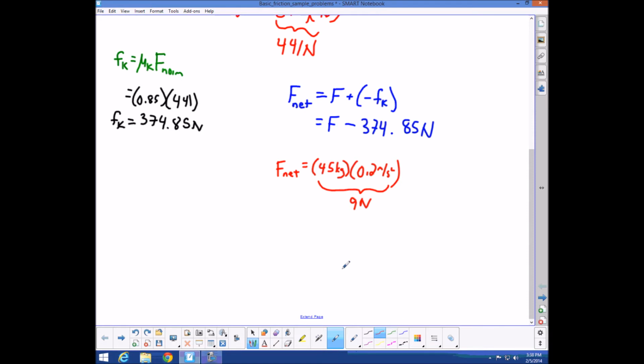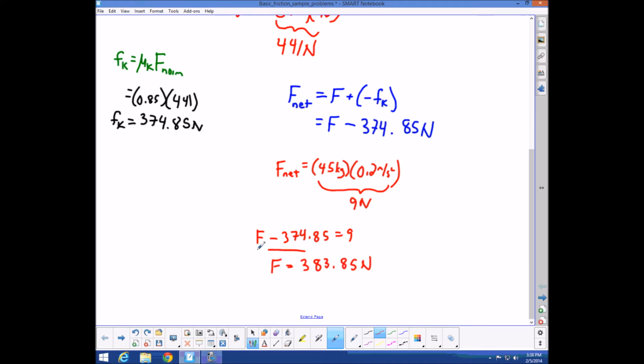Combining those two things together, we have that F minus 374.85 is going to equal 9, so the unknown force that we're applying to the right is 383.85 newtons.